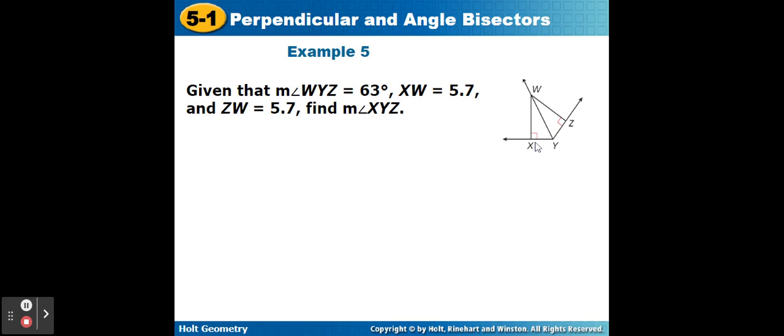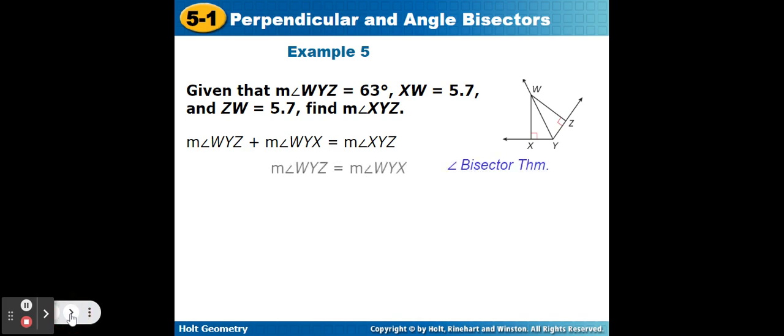That tells me that XY and YZ have to both be congruent, and therefore WYZ and WYX must be equal to each other. So we'll walk through this. WYZ plus WYX is equal to XYZ. That's the angle that we're trying to find the measure of.